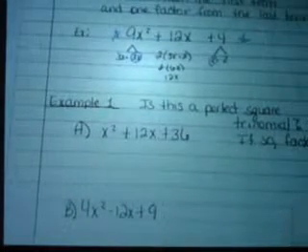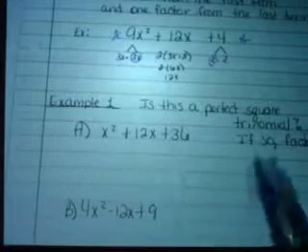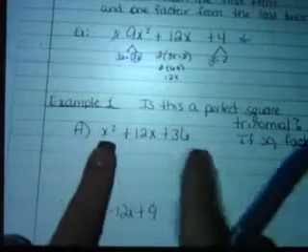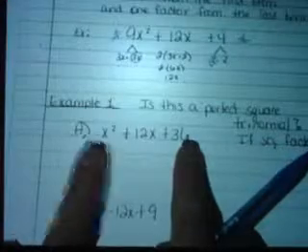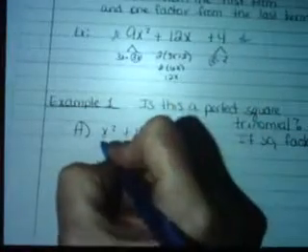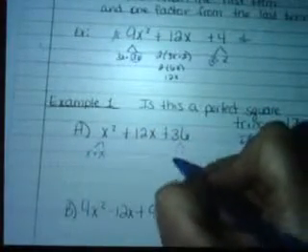So let's go into our first example, example 1. Is this a perfect square trinomial? And if so, factor. Okay, we have to look at your first and last term right off the bat. Are they perfect squares? Well, x squared can break down to be x times x. 36 is going to break down to be 6 times 6.